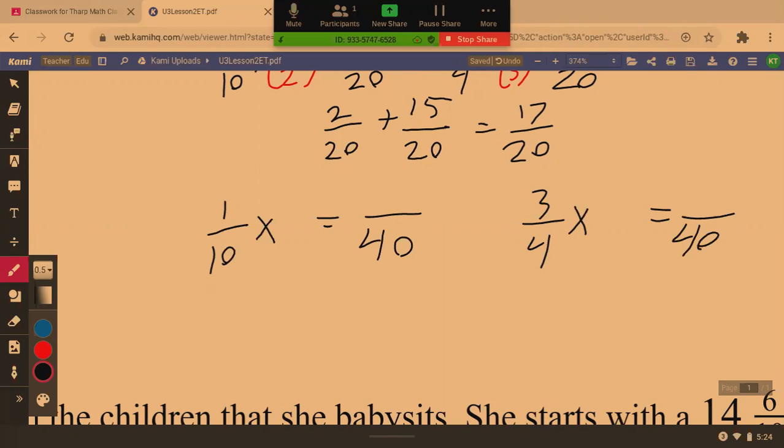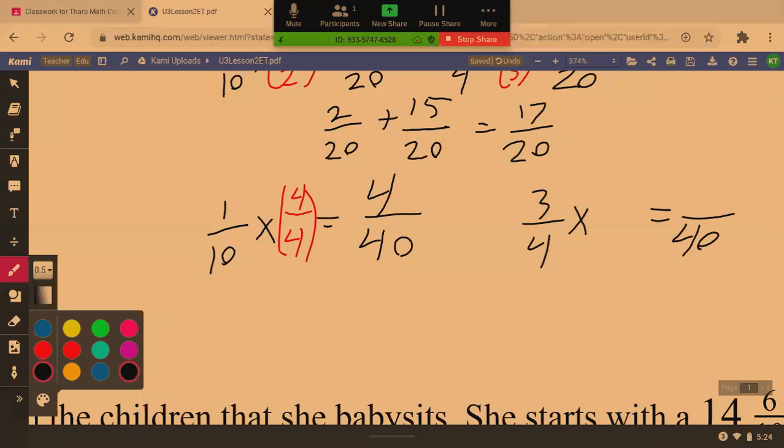So what do I have to multiply 10 by to get 40? That'd be 4. What do I multiply 4 by to get 40? That'd be 10. 3 times 10 equals 30.